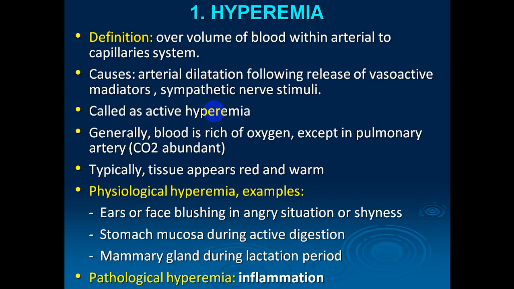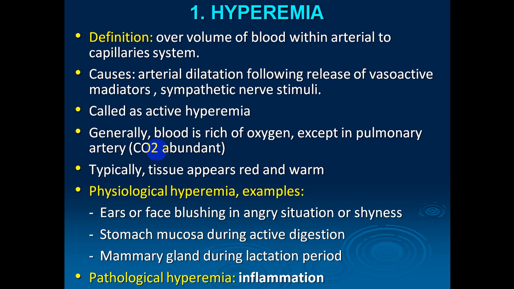Generally, the blood in hyperemia is rich in oxygen, except in the pulmonary artery, because the pulmonary artery actually flows the blood from the heart into the lung, and it contains a lot of carbon dioxide.